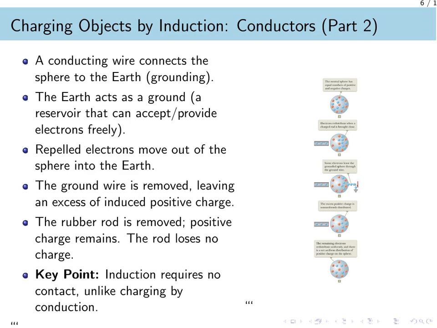Next, the ground wire is removed, which leaves the sphere with an excess of induced positive charge that is non-uniformly distributed. Finally, when the rubber rod is completely removed, the remaining electrons redistribute uniformly, leaving a net uniform distribution of positive charge on the sphere. It is important to note that the entire induction process requires no physical contact, unlike charging by conduction.